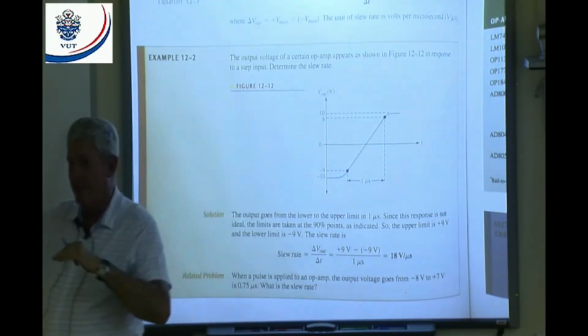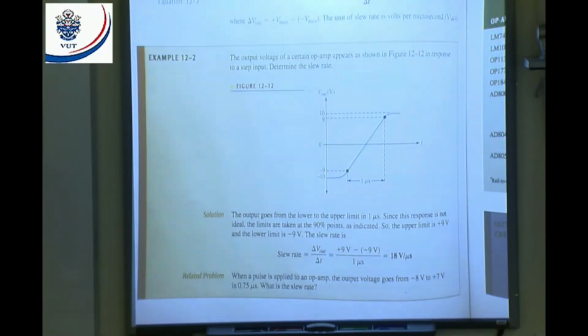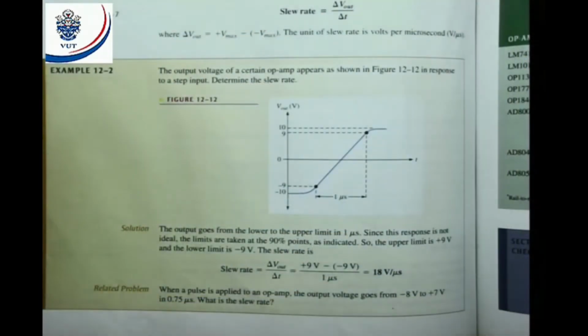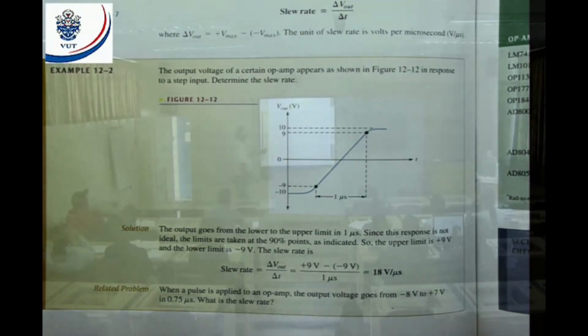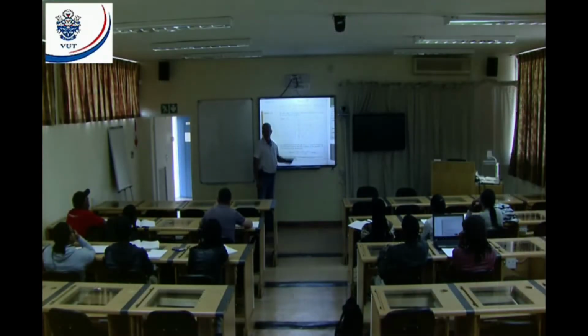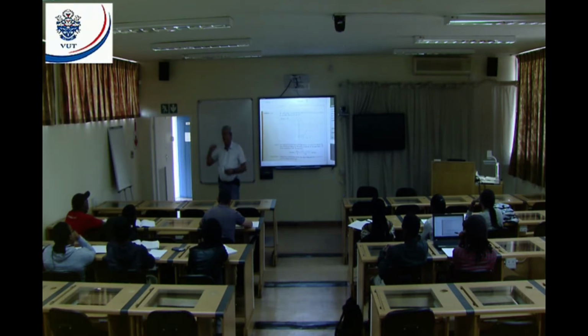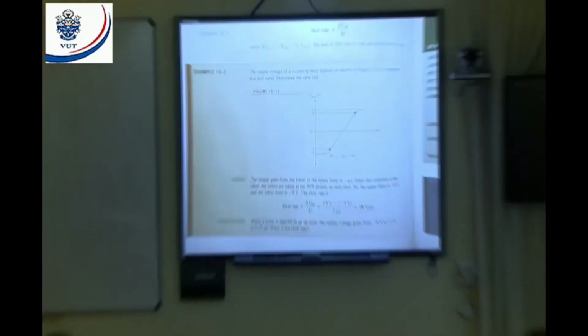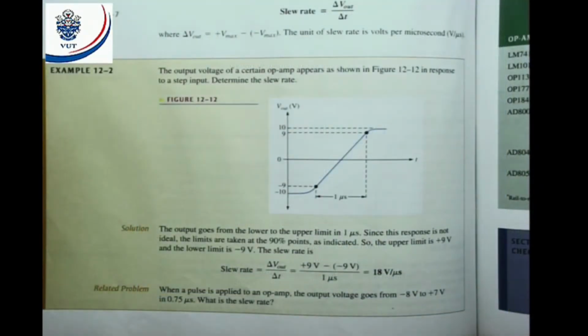And that's why they go 10% up and 10% down to get on that straight slope, all right? Because how do you determine that position there? That's why they normally go 10% and 10%. From the top, 10% down, and from the bottom, 10% up, all right? Or let's say from 10% to 90%. That's a standard.